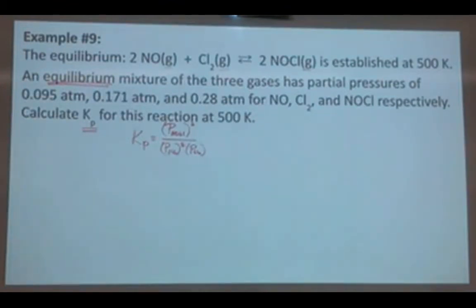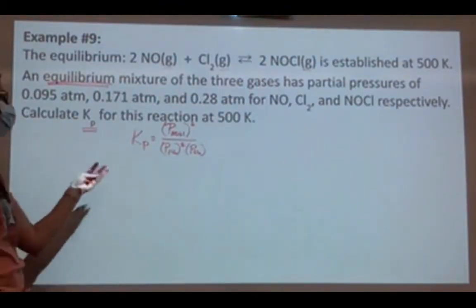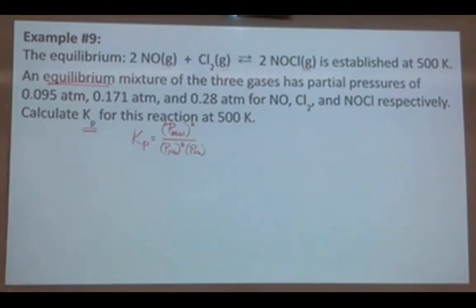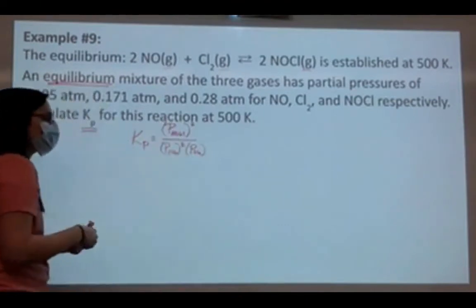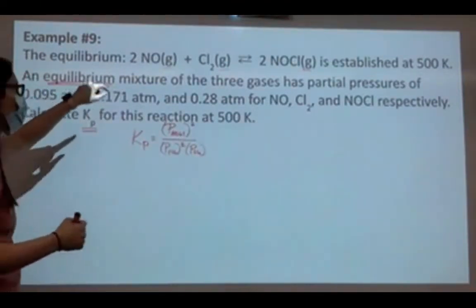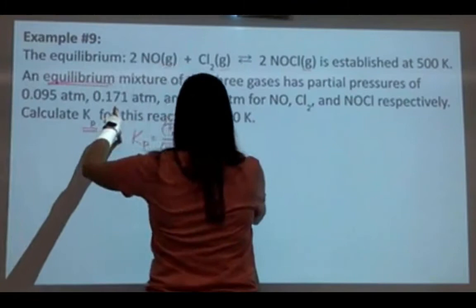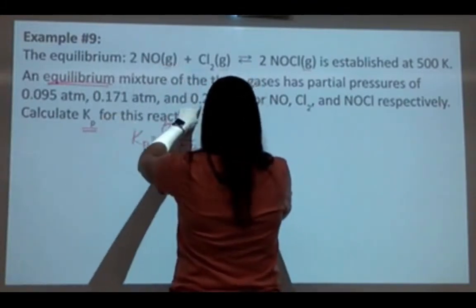The coefficients become exponents. Once you have the Kp expression written, then if you have the equilibrium values, you can plug them in. Because it's Kp, you have to be plugging in the partial pressure. Well, they gave us those partial pressures at equilibrium. So NOCl was 0.28.